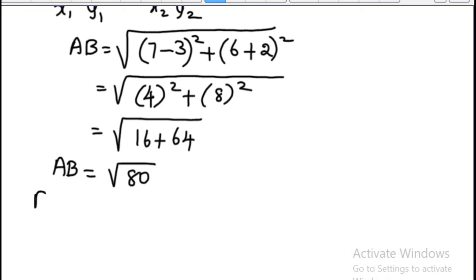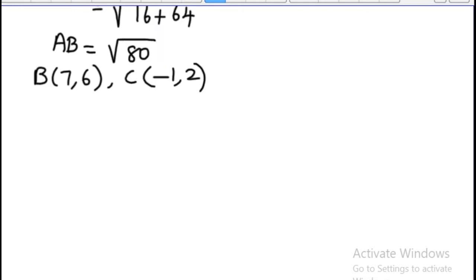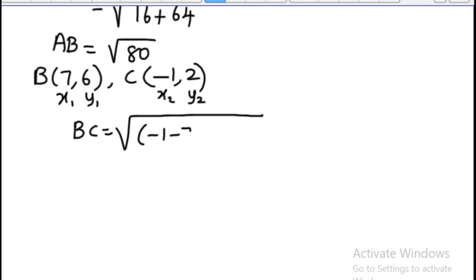Then next we want to find BC. B is the point 7 comma 6 and C is the point minus 1 comma 2. x1, y1, x2, y2. So BC is equal to root of x2 is minus 1 minus 7 whole square plus y2 is 2 minus 6 whole square.